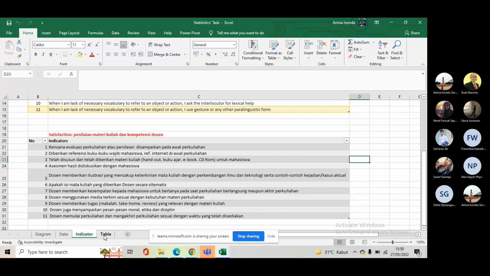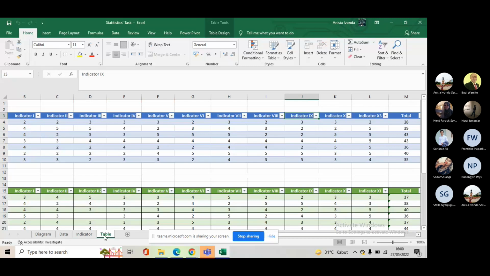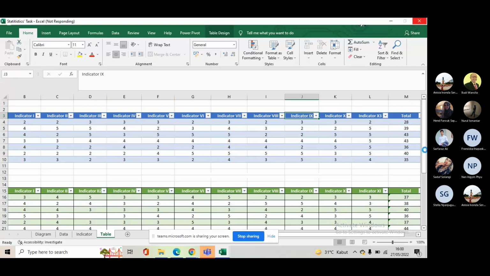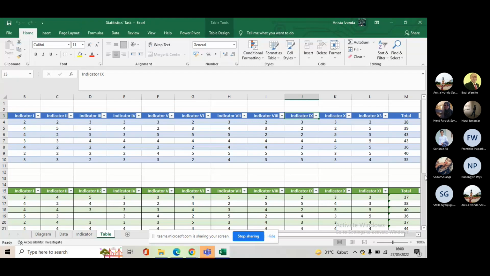And from these two variables, we come to the table one over here. The blue one is for the performance, and the green one is for the satisfaction. 11 indicators. In the right corner, this is the total. Okay, I'm sorry, it's loading.